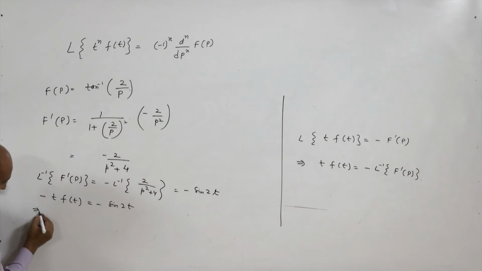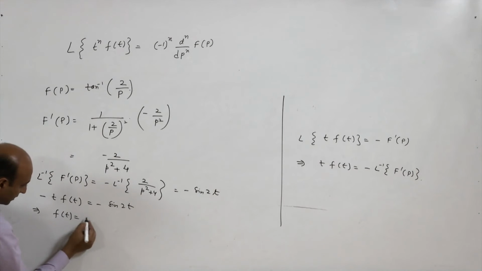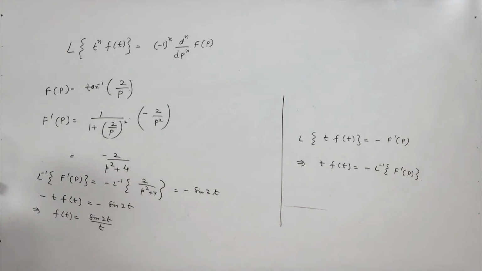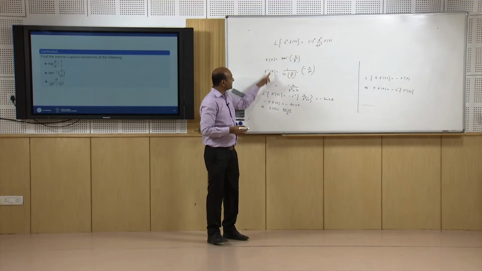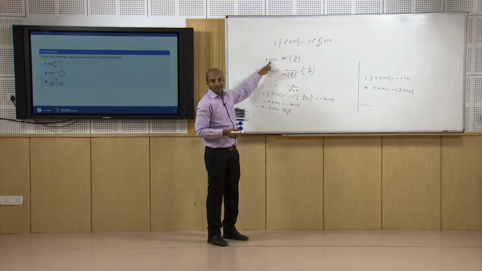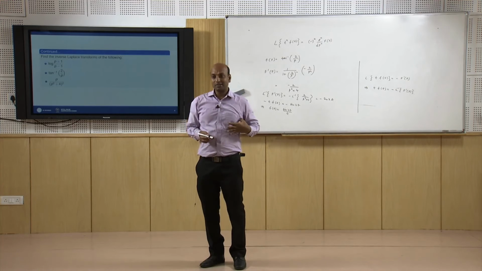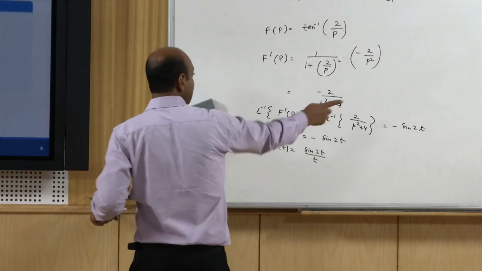So, this implies f(t) is nothing but sin 2t by t, and this f(t) is nothing but Laplace inverse of this f(p). So, these type of problems can be solved using this expression.